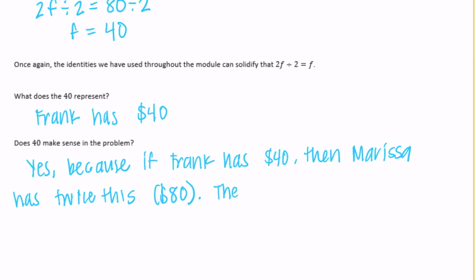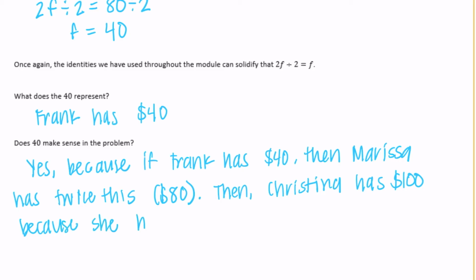Then Christina has 100 because she has $20 more than Marissa. So it all makes sense.